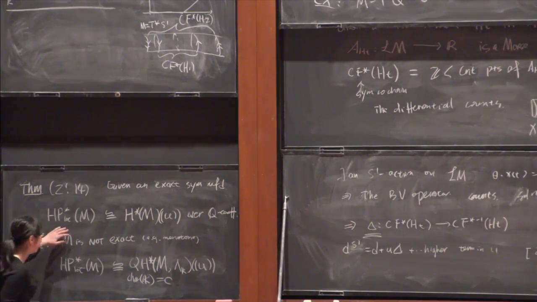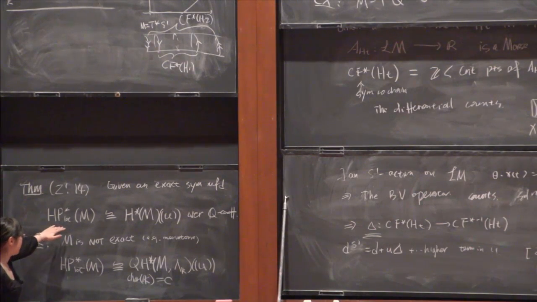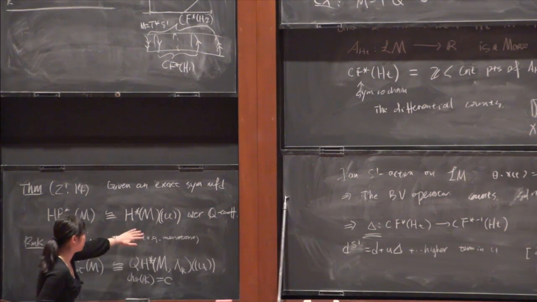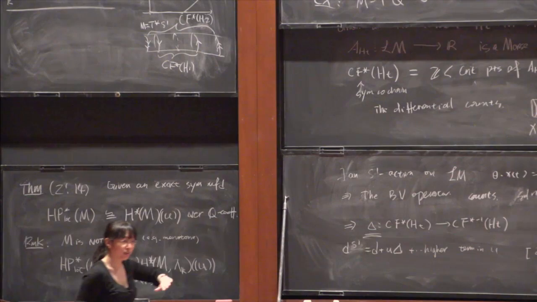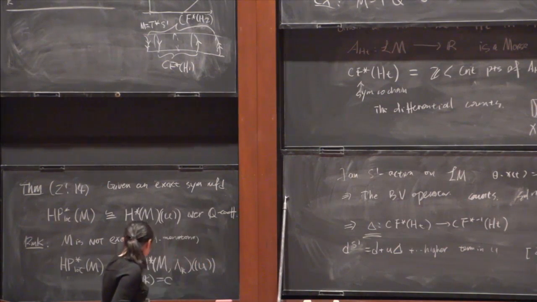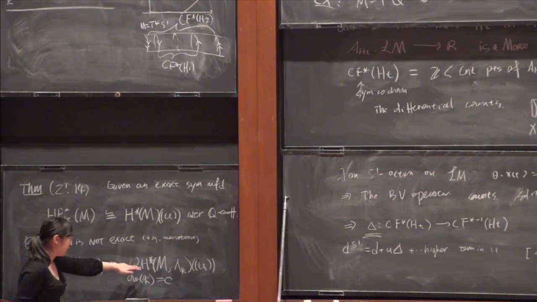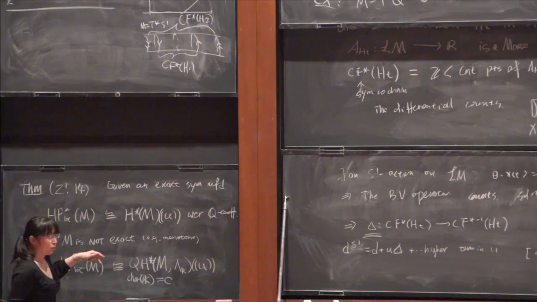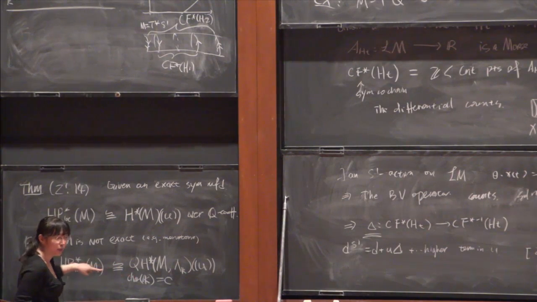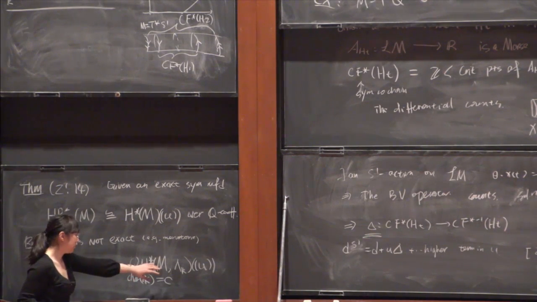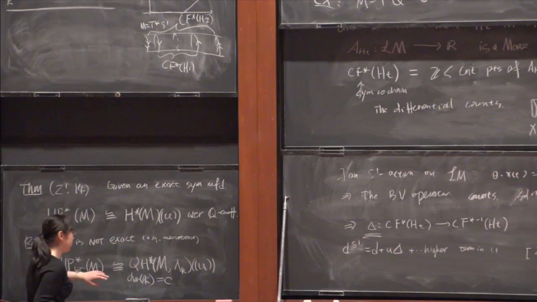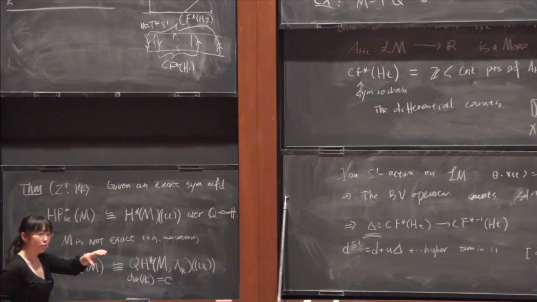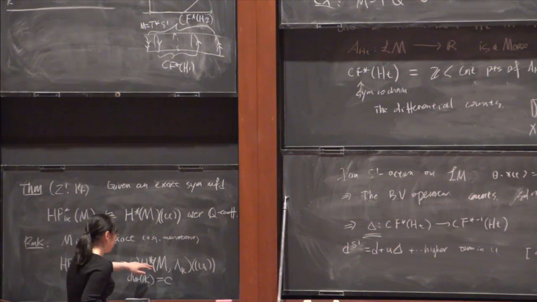So all I'm saying is the same sort of arguments still work if you don't work in the exact case. And this isomorphism is given by the usual PSS map, where you can take a chain in the quantum cohomology and send it to a Hamiltonian Floer chain.